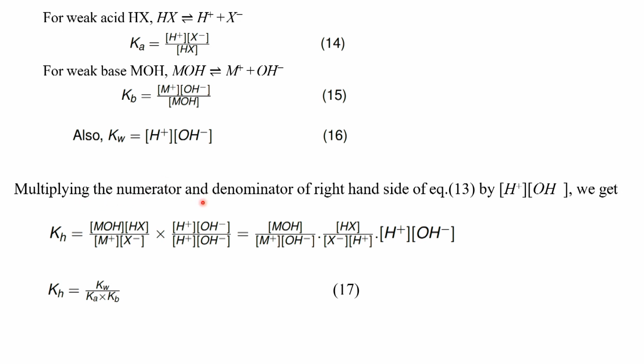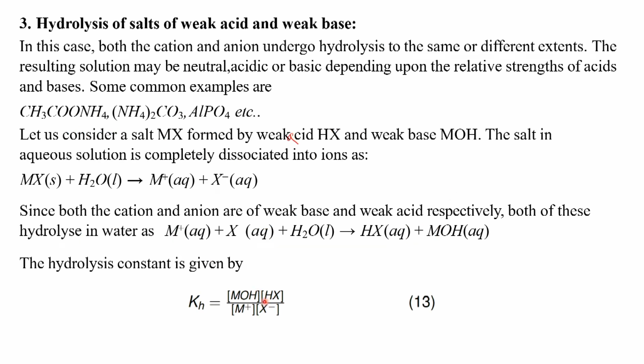So multiplying the numerator and denominator of the right hand side of equation 13. So this is equation 13. Now you see in equation 13 we have MOH, HX, M+ and X-.